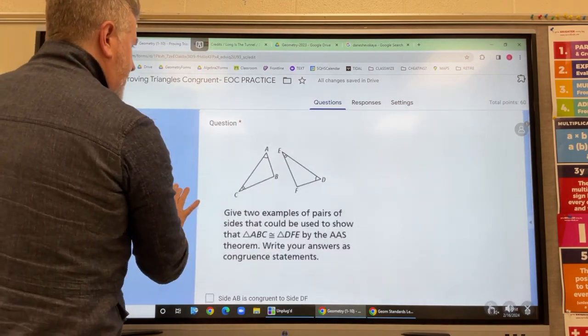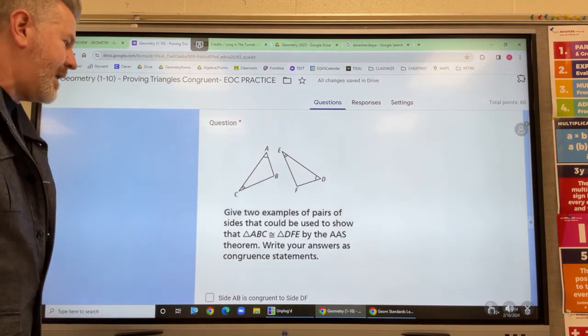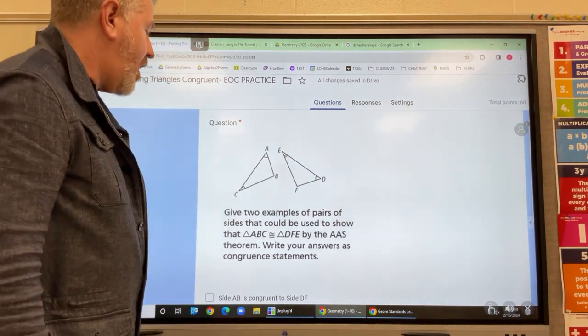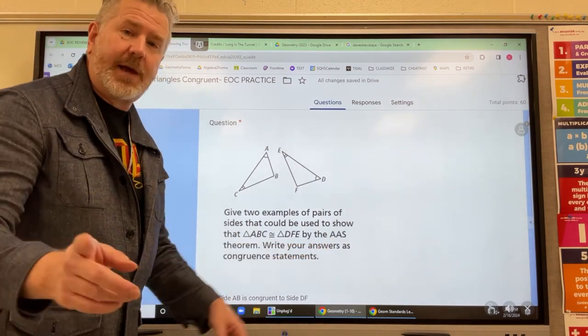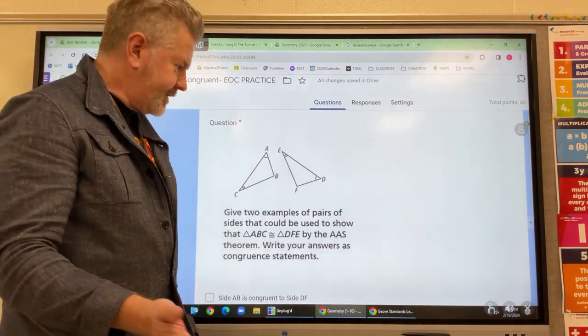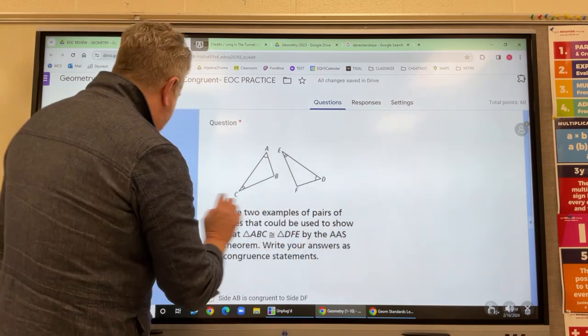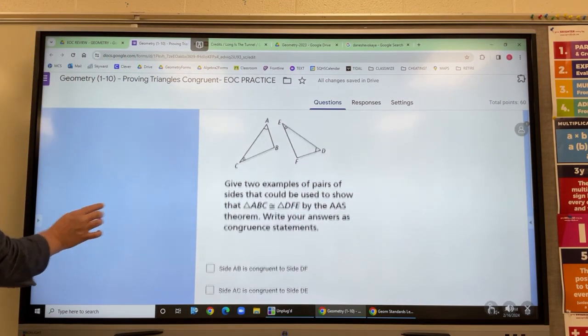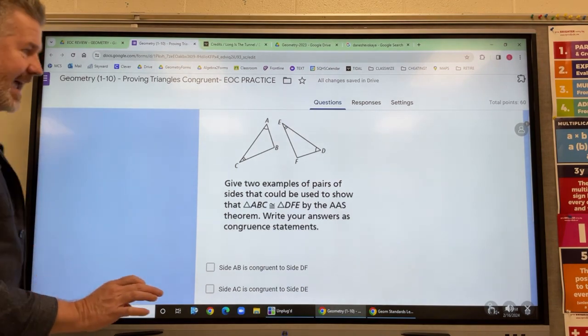All right, give 2 examples of pairs of sides that could be used to show that the triangles are congruent using angle, side. Now, the tricky thing about angle, side is the side does not need to be between the angles.